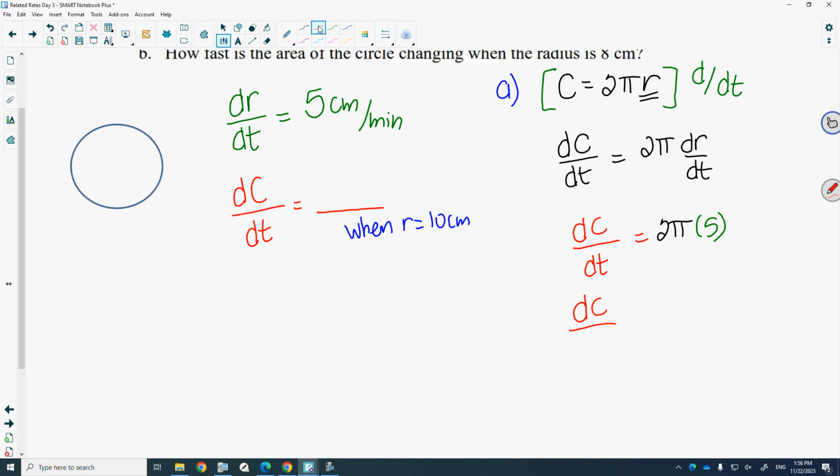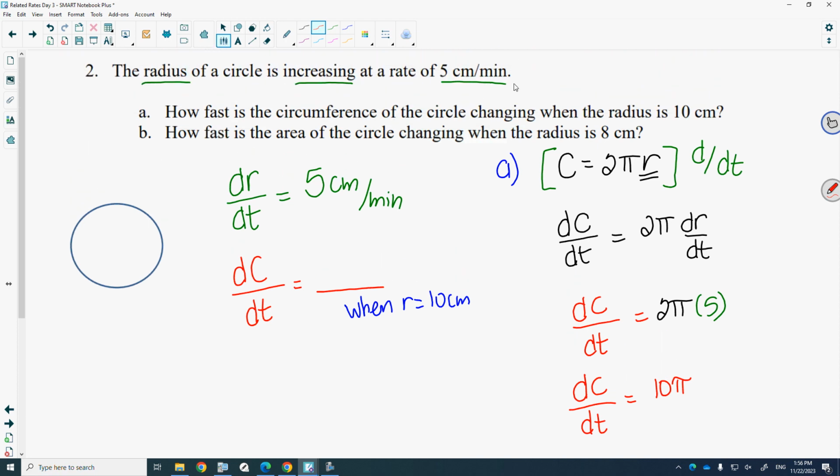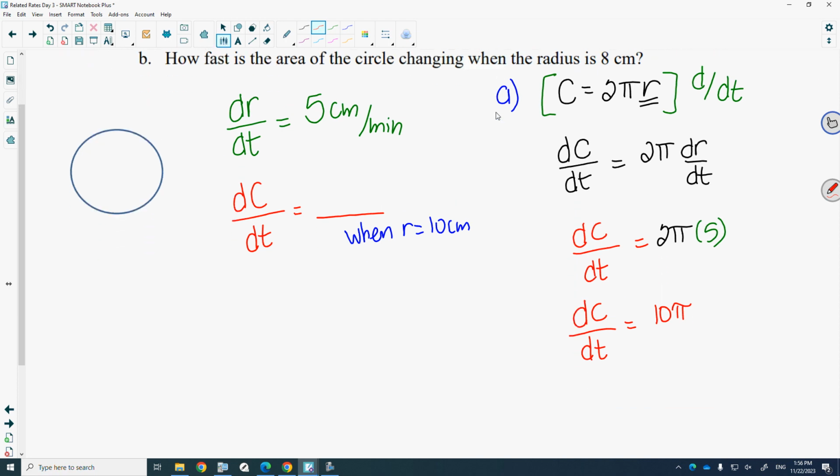So the rate at which the circumference is changing with respect to time is equal to 10 pi. And what would the units be if it's circumference? Centimeters per minute. Yep, that's the rate at which the circumference is changing.